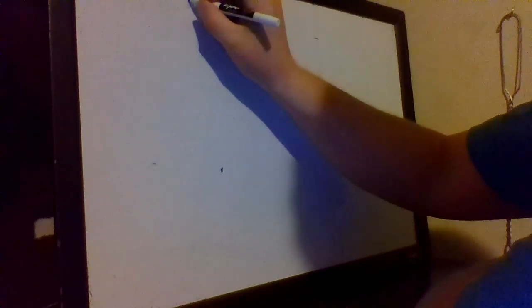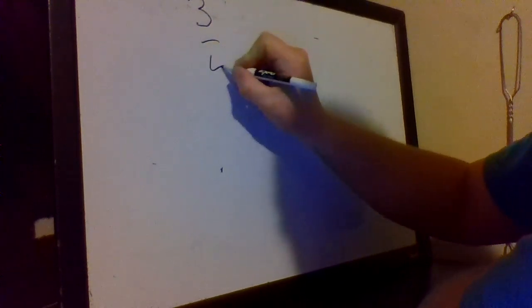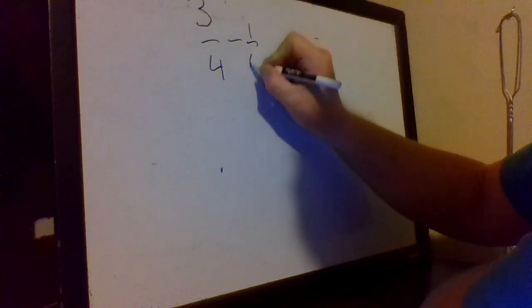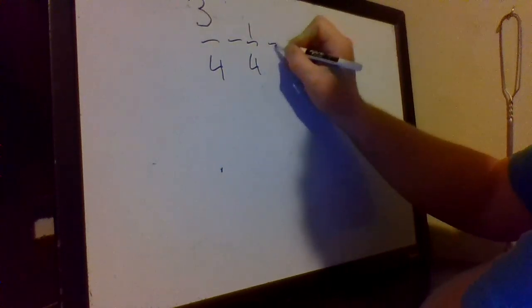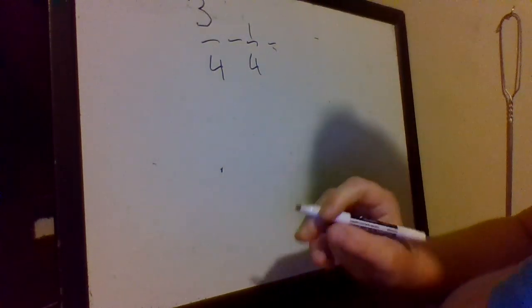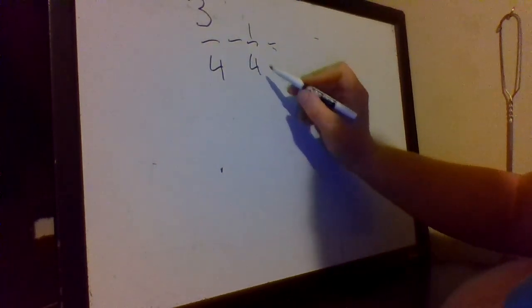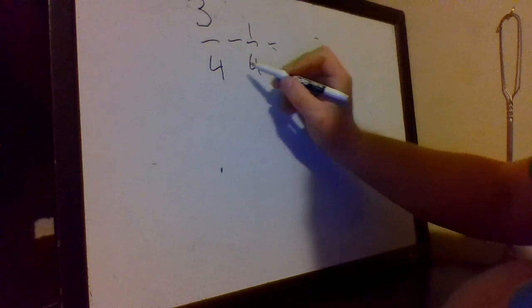So let's say, first of all, let's say 3/4 minus 1/4, just so we refresh our memory. So we don't subtract our bottom numbers, and our bottom numbers are called denominators.